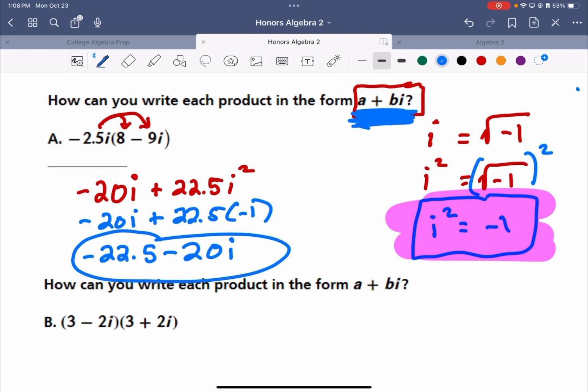The real number has to come first, followed by the imaginary number. It will cost you about a quarter of a point on a test if you don't have it written in that form. Remember, i squared is negative 1.